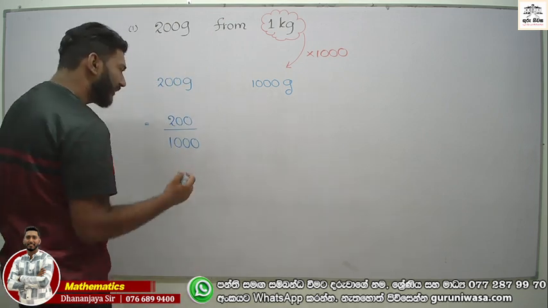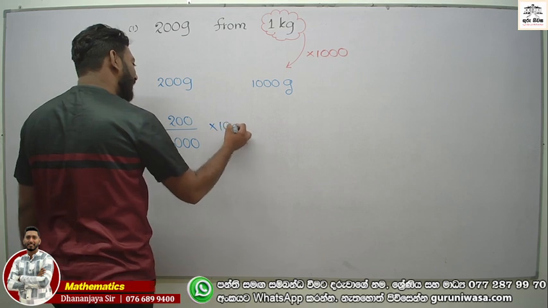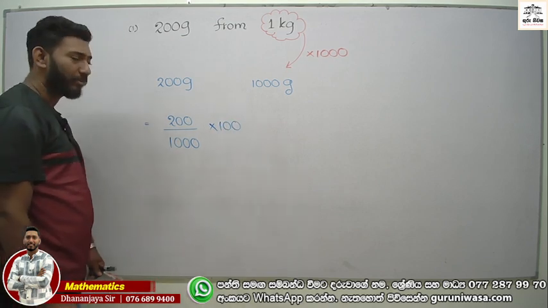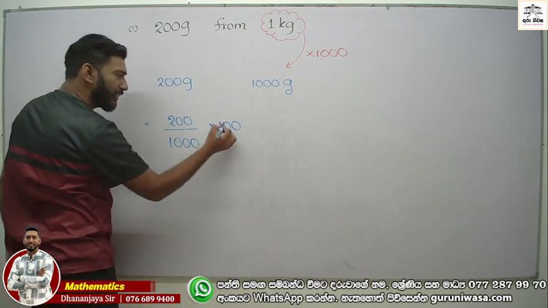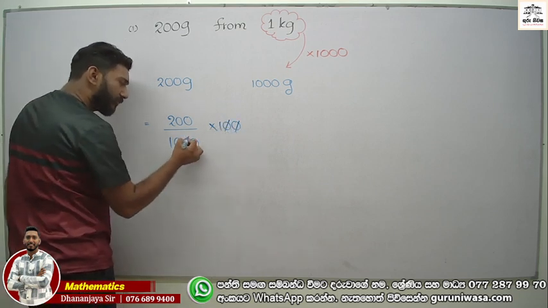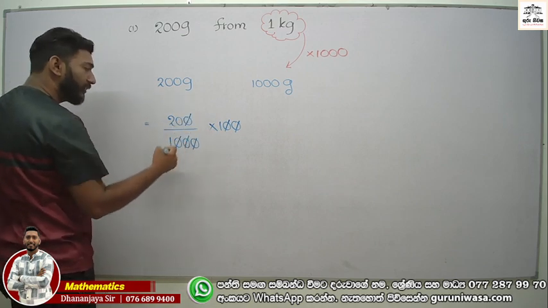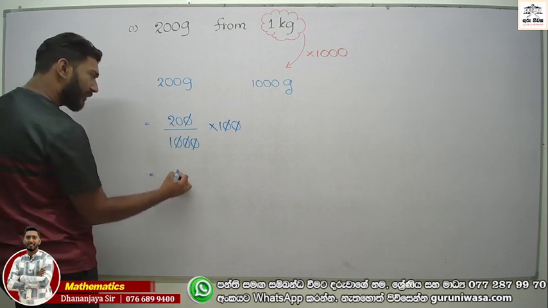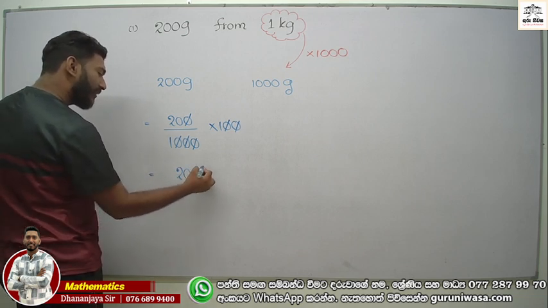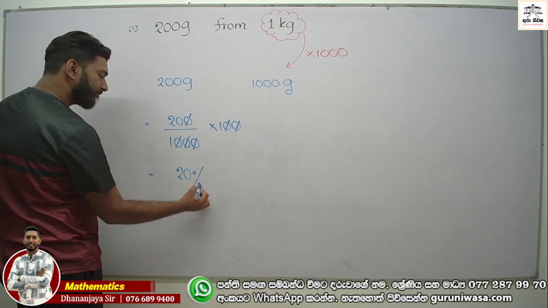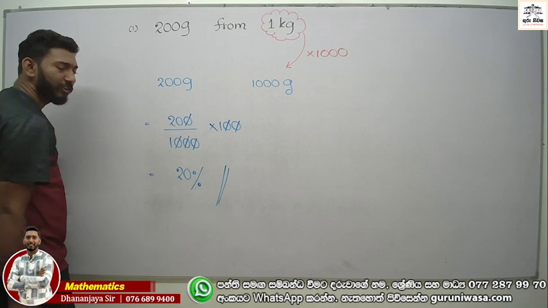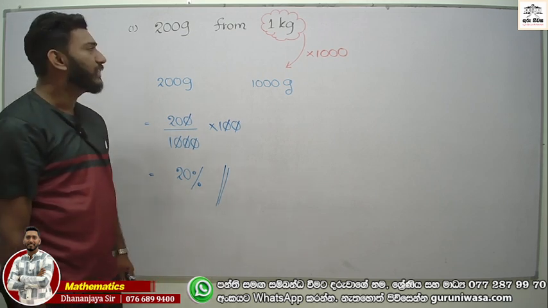You know the method, so multiply by 100. Two zeros, two zeros, and you can cut the 0 and 0 also. Now the answer becomes just 20%.